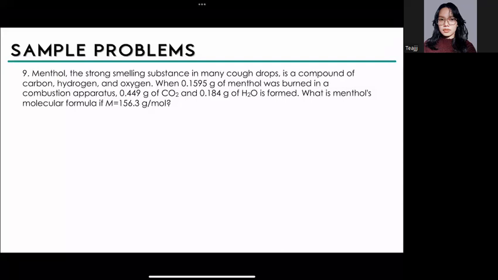So in this type of situation, since we used a combustion apparatus, it will be safe to assume that we have complete combustion. Another clue that it is complete combustion is that it released carbon dioxide, because if it were incomplete combustion, carbon monoxide would be the product.